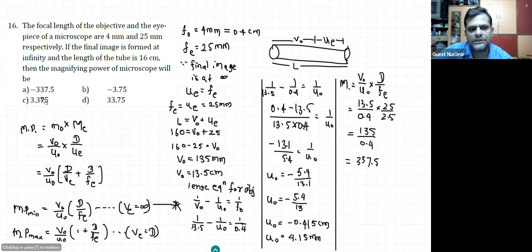Yes, so that you can just select this A as a correct option. No doubt.